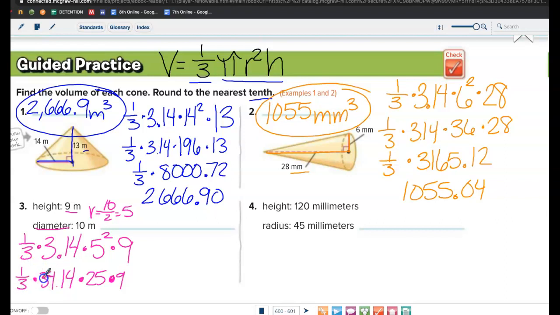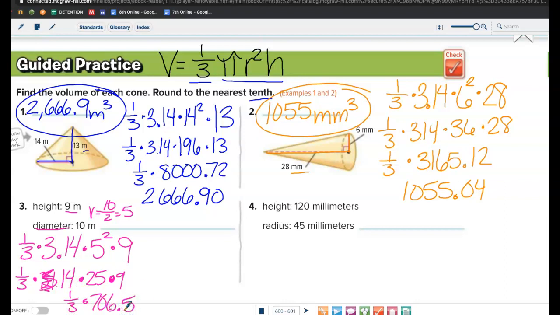I put 31. This should be 3. It's not wanting to erase. So, that is 3. I got 1/3 times 706 and 5/10.